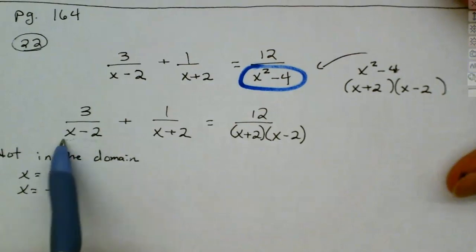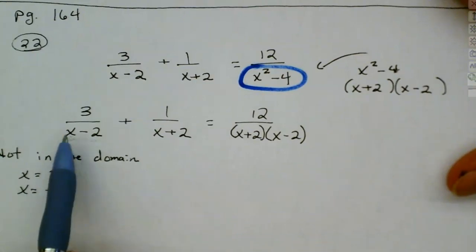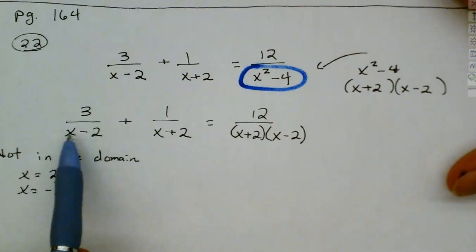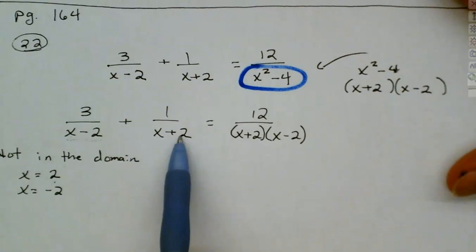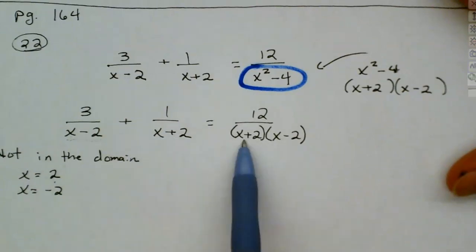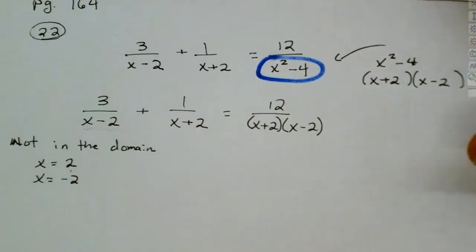Because here, 2 is not going to work, and a lot of times you can look at it and tell. If I plug 2 in here, 2 minus 2, what does that give you down below? 0, can't have it. If I plug the negative 2 in here, 0, down below, can't have it. This is a combination of both. So the numbers that will not work are 2 and negative 2.